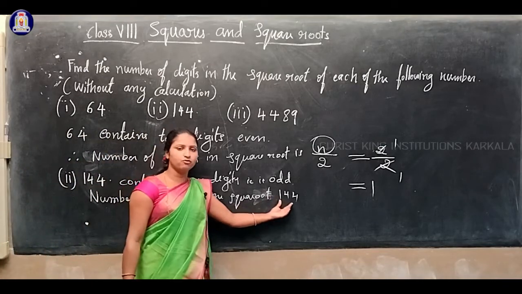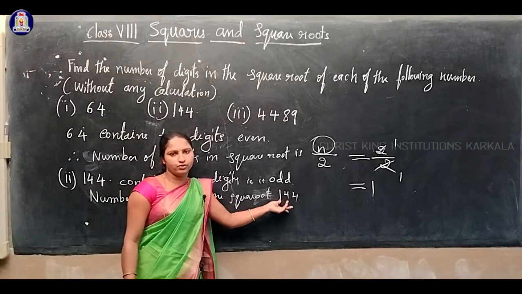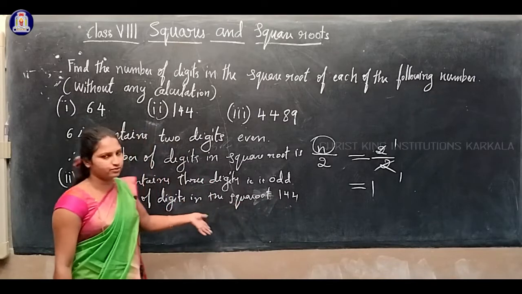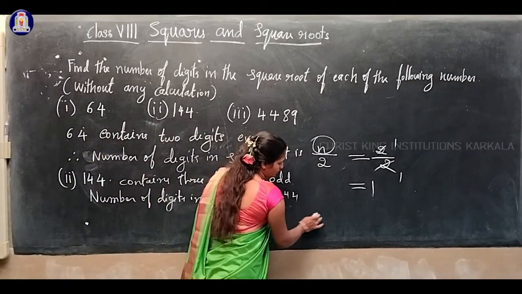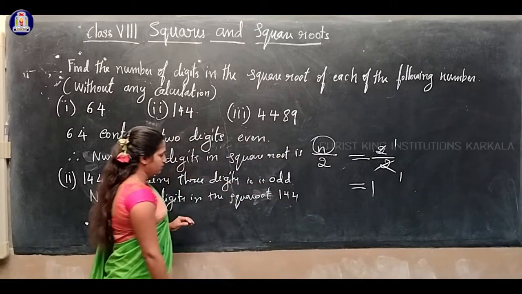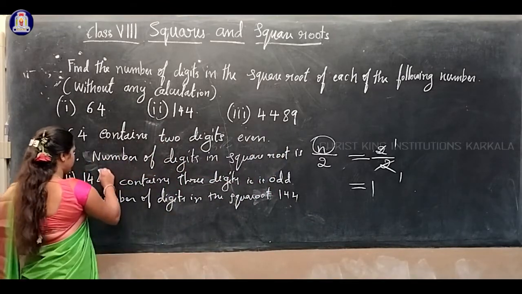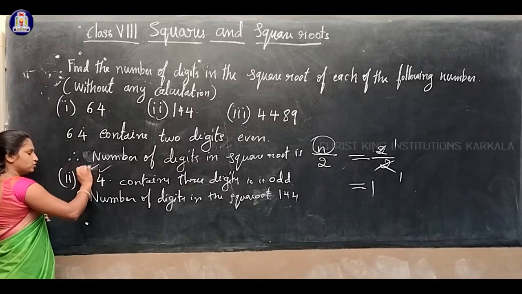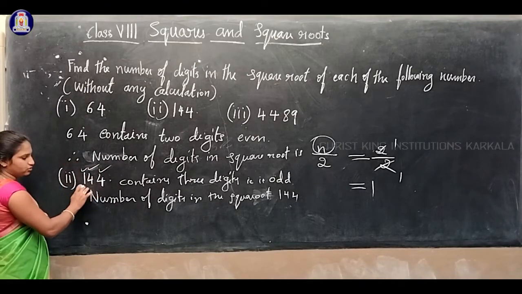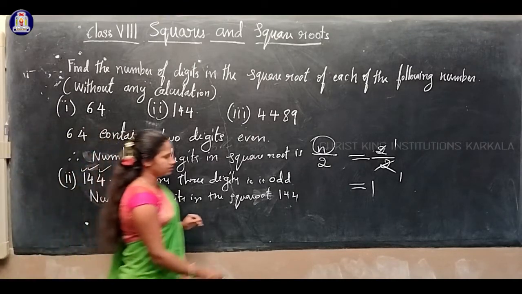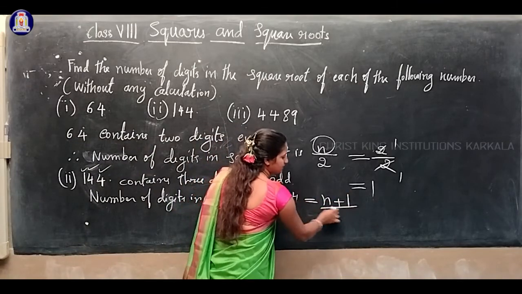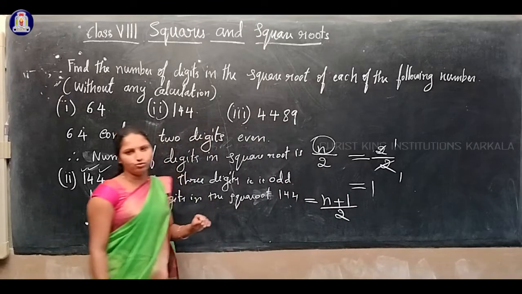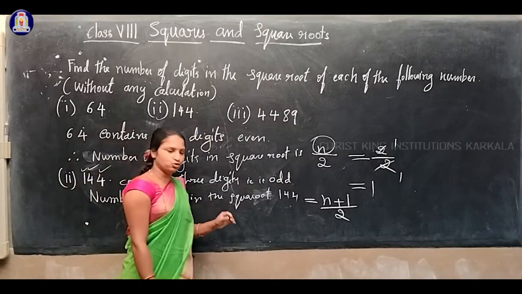You know the square root of 144 is 12, right? But now we have to find the digits. So 144 has how many digits? 1, 2, 3, total 3 digits. That means if you get an odd number of digits, then you have to write n plus 1 by 2. N plus 1 by 2. This is the formula.